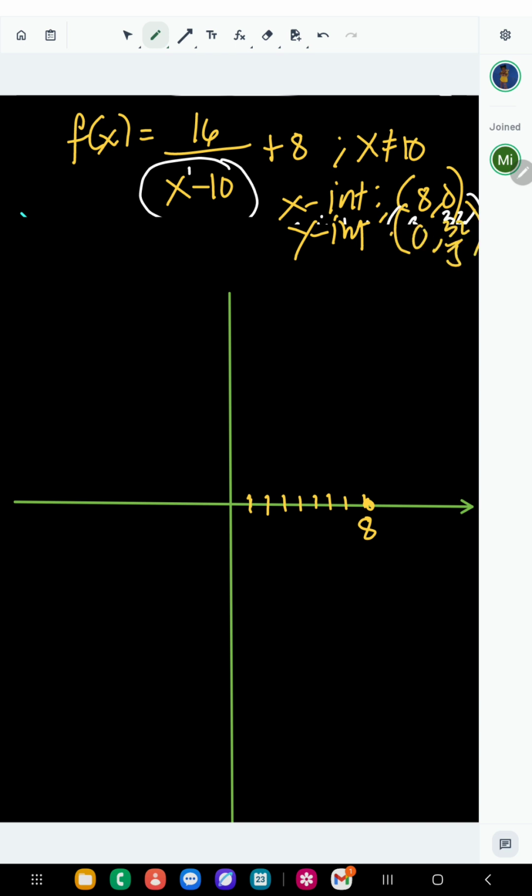What is 32 over 5 in decimal? So 1, 2, 3, 4, 5, 6, 7. So this is 6.4. So maybe somewhere here.